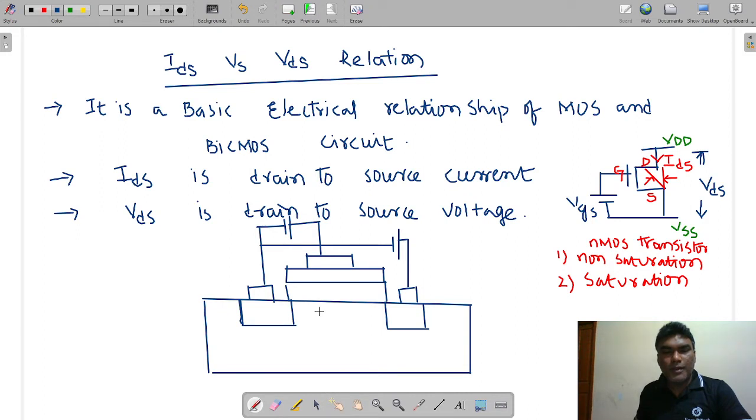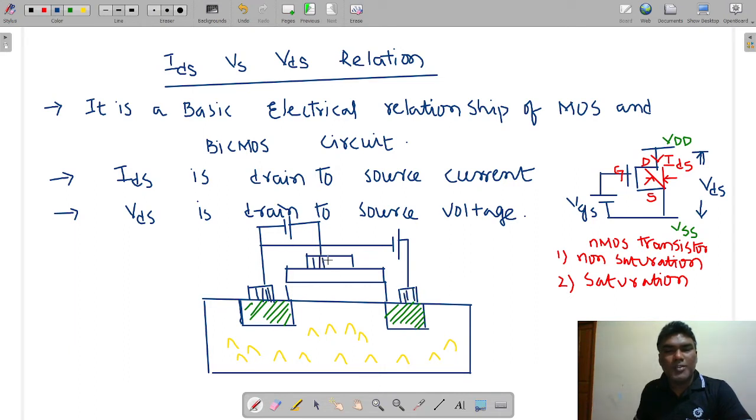In the figure layers of the NMOS, this is the p-type substrate area, and the source and drain are n plus diffusion. This is a metal layer.